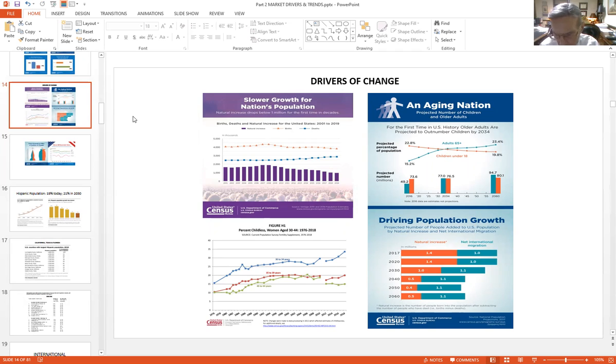So the difference between those two lines is narrowing, and so the growth of the population has declined as a result.